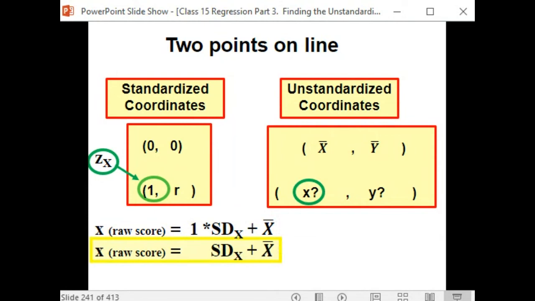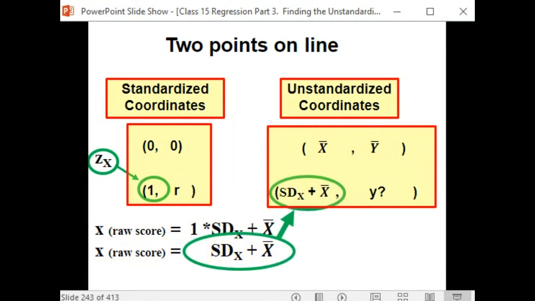X equals the standard deviation of x plus the mean of x. So we now know what x is equal to, and we'll write it up here. The unstandardized coordinate of the point, which we're calling x, equals the standard deviation of x plus the mean of x.